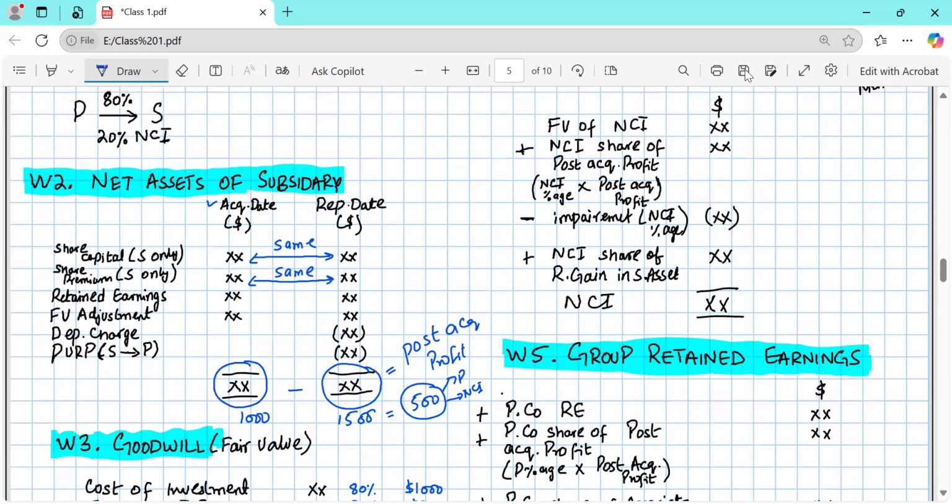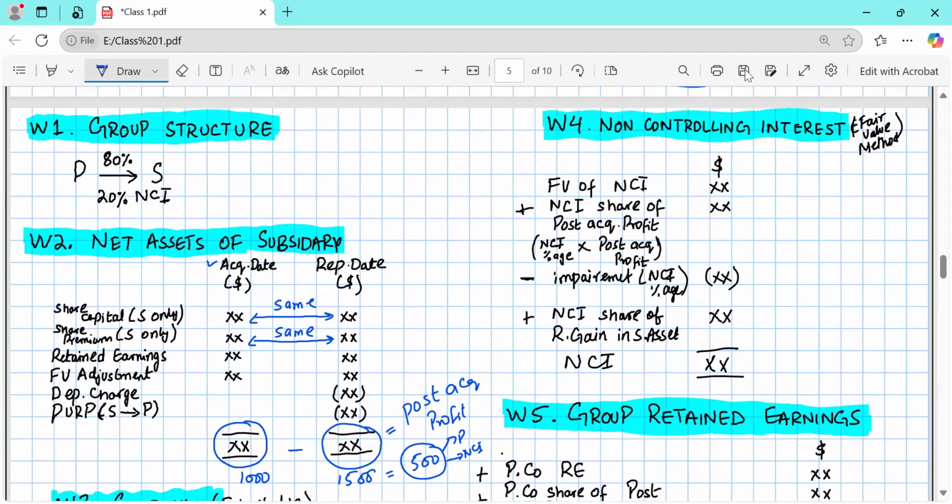So let's say the value of the net assets of the subsidiary post acquisition increased by 500, and the parent is acquiring 80%. So 80% of the 500 is of the parent, and 20% of the 500 is of NCI. So whatever the NCI share is, you will add it here: NCI percentage multiplied by post acquisition profit.